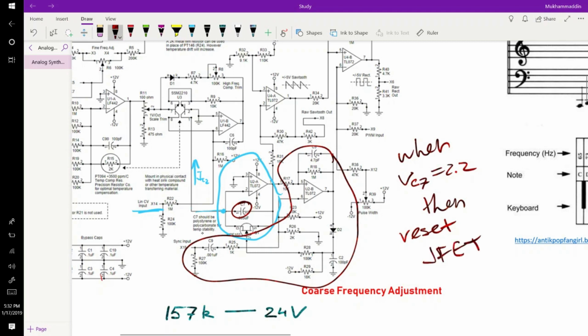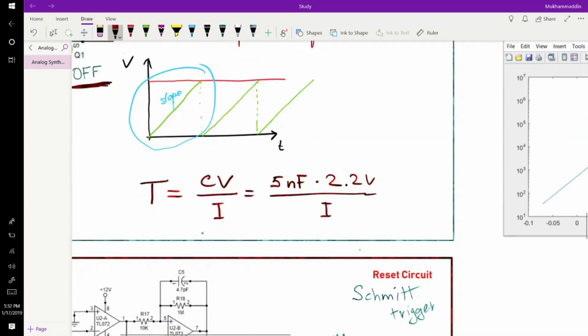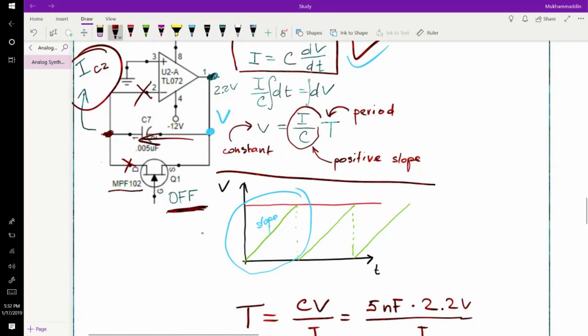So when VC7 is at 2.2 volts, this JFET will be turned on, and the capacitor will discharge and go back to 0. I'll explain how that part of the circuit works as well. But for now, this is how the voltage change across that capacitor looks.